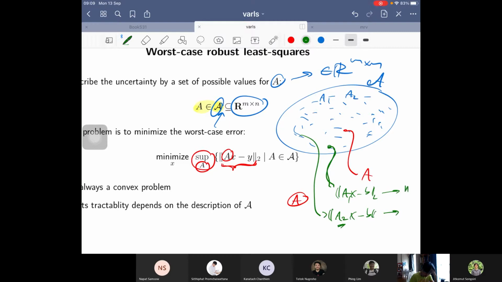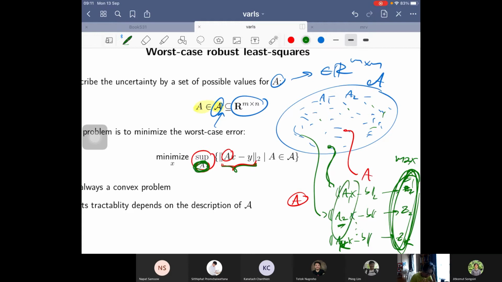Let's say I call the values Z1, Z2, and so on. If the set of members is finite, maybe you can measure all of them, and then you take the supremum, which is basically a maximum of the two norms. Now you take the supremum over all possible choices of A in this uncertainty set. This is called the worst case norm.